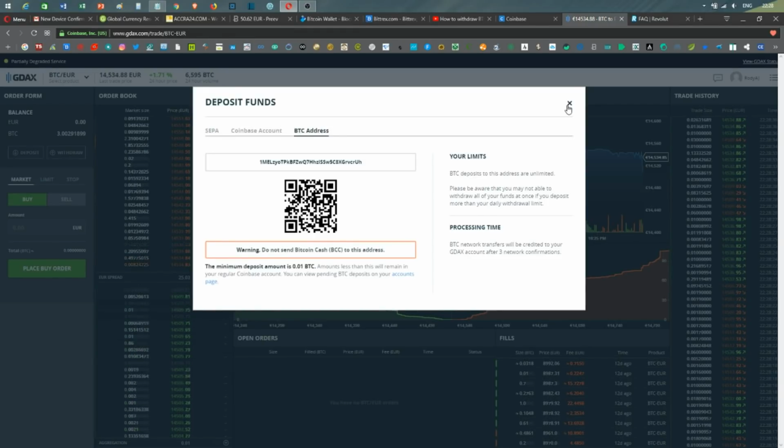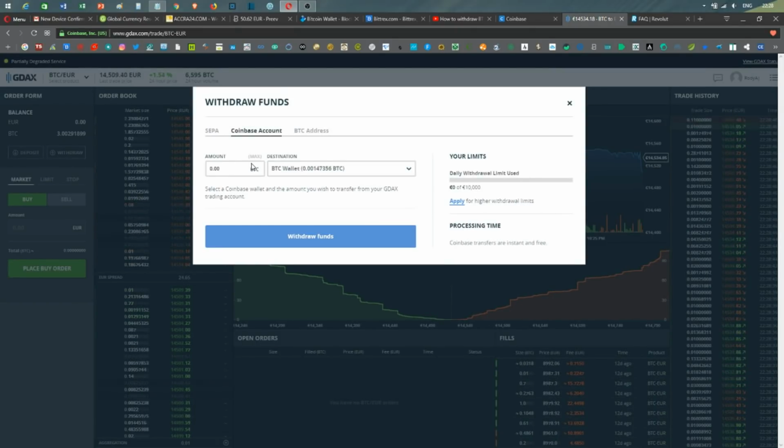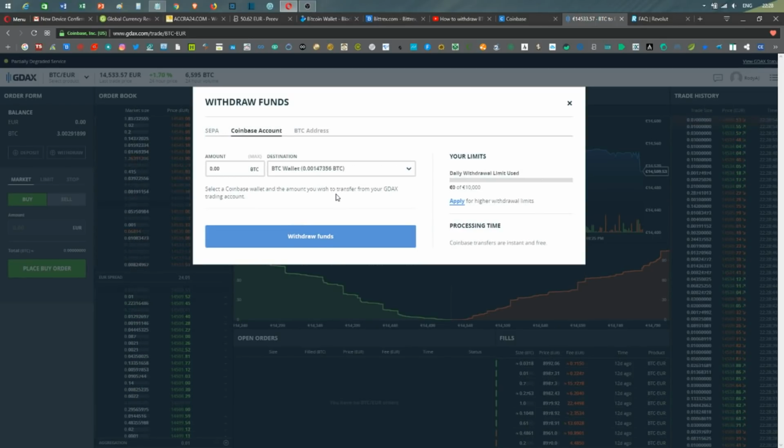So this is regarding the deposit function. I believe I answered some of the questions. If we go to the withdrawal function, once you have your funds in Gdax, you can, of course, withdraw using your bank account.